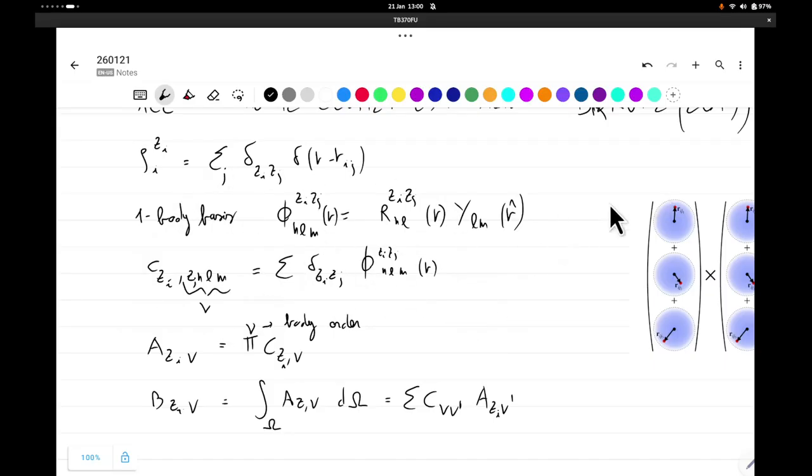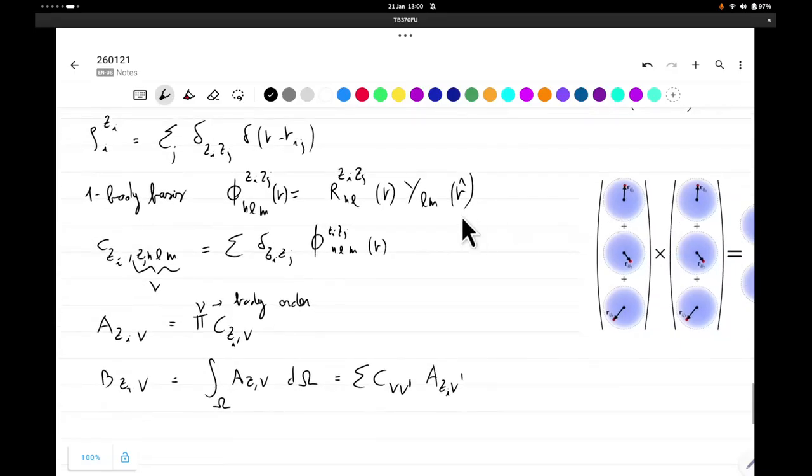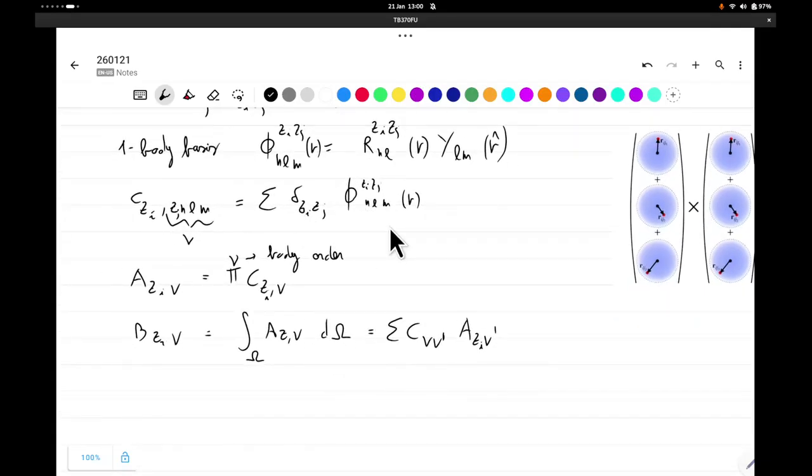So your environment would be the sum over all the neighbors of these functions that one has defined here. So this is a basis set that you can define as complete. And then you can evaluate these coefficients by projecting onto the basis functions.